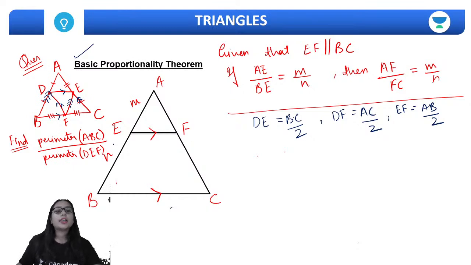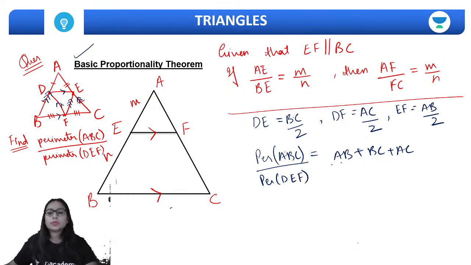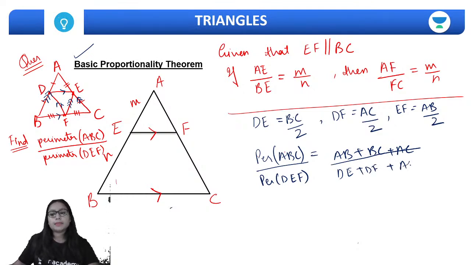Now let us calculate the perimeter. The perimeter of ABC is AB plus BC plus AC upon the perimeter of DEF, which is DE plus DF plus EF.